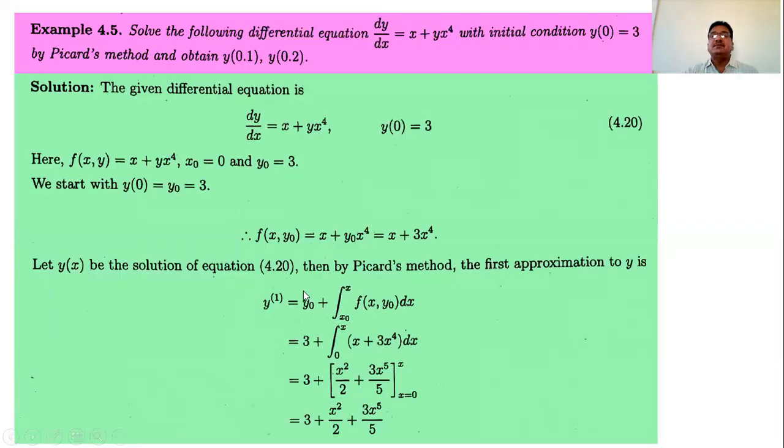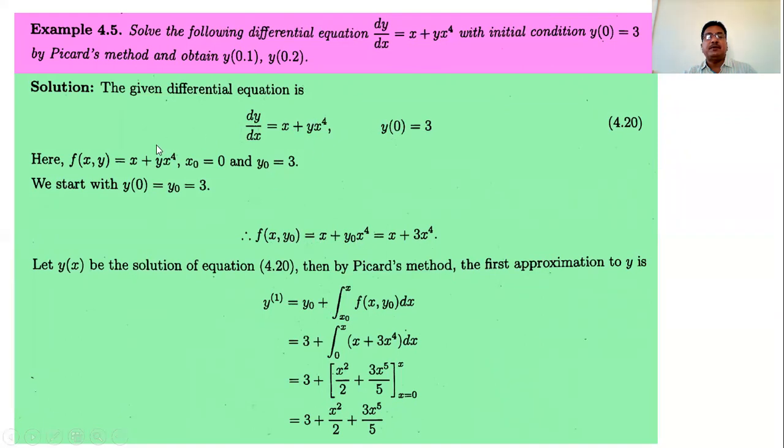Again, this is a problem on Picard's method. Here f(x,y) is x plus y into x raised to 4, with y0 equal to 3, which means y0 is 3 and x0 is 0. Then f(x,y0) is x plus y0 x raised to 4.